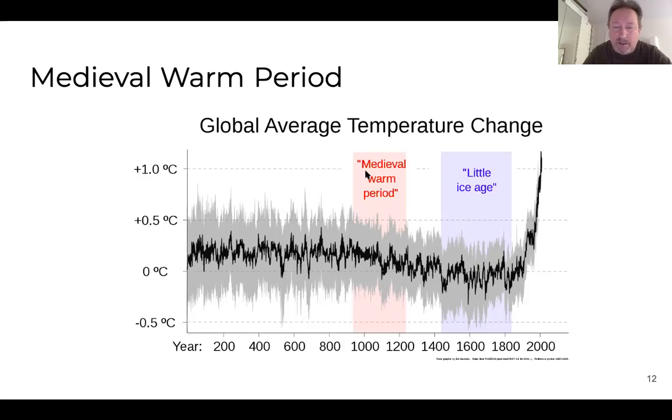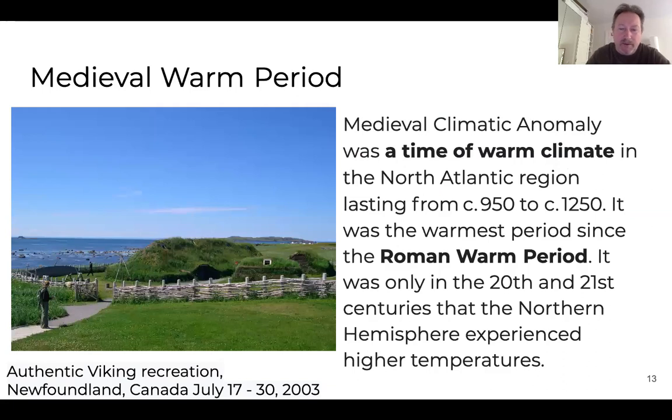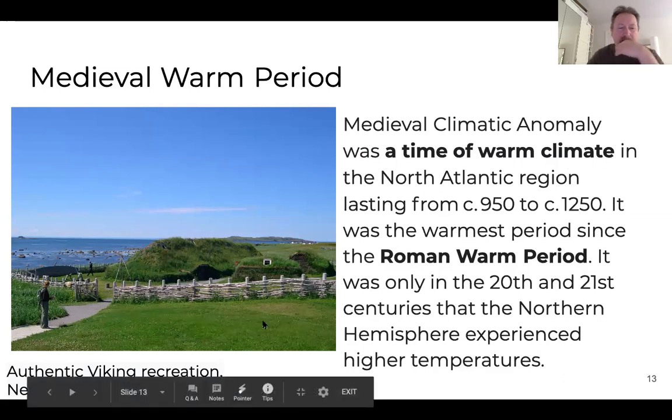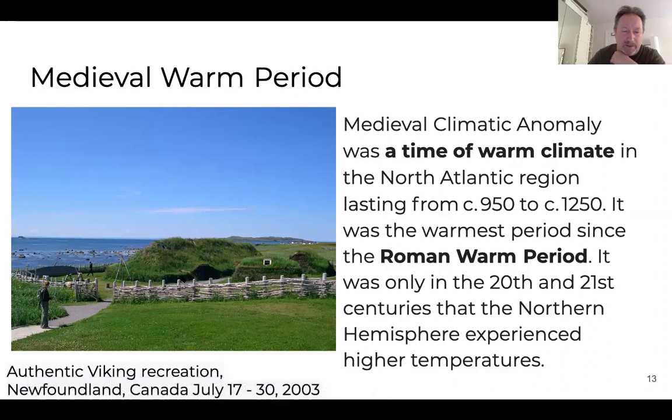So the little ice age came to change the medieval warm period. What is the medieval warm period? It is when Greenland was discovered. And this is a reconstruction of a Viking house in Greenland.